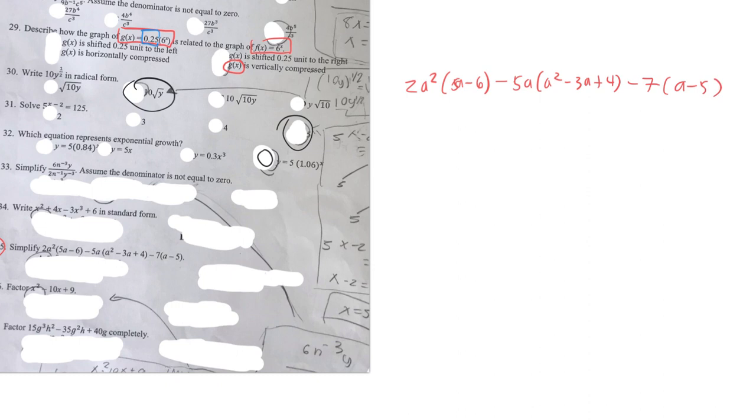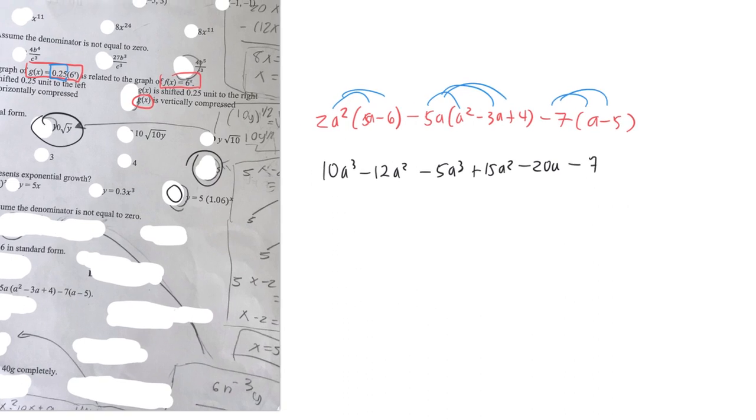Okay, so then we could just distribute there, distribute here, distribute here. This would become 10a to the third. My handwriting's not good. Minus 12a squared minus 5a to the third plus 15a squared minus 20a. And then we have minus 7a plus 35 there.